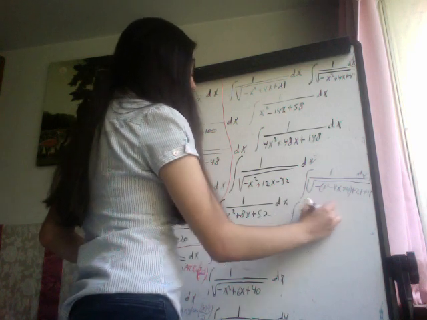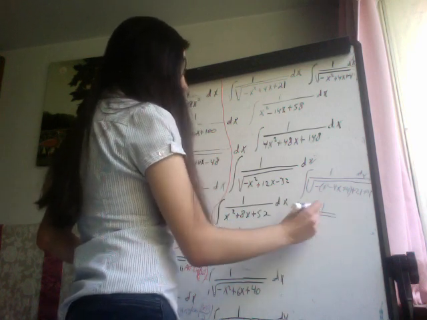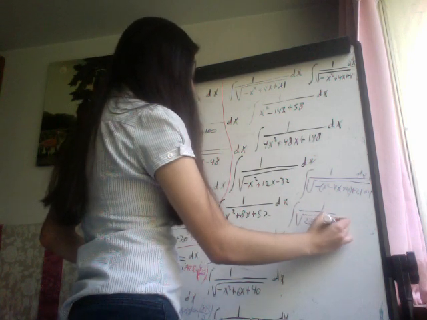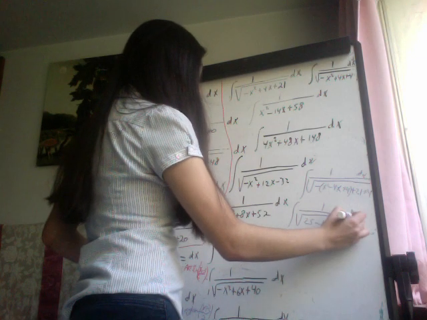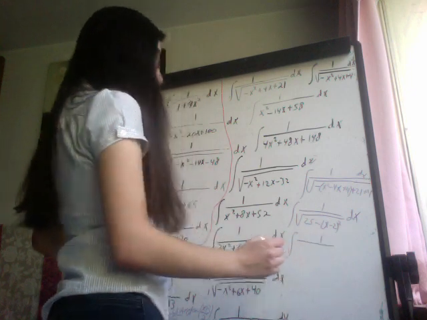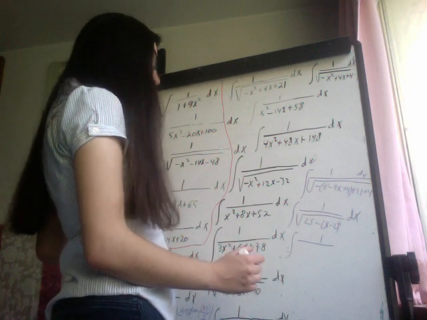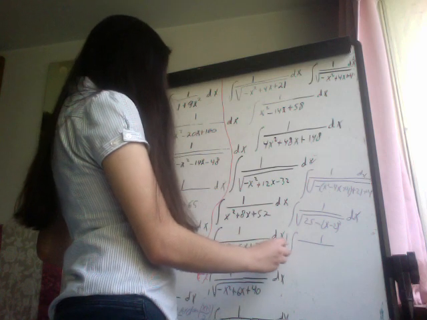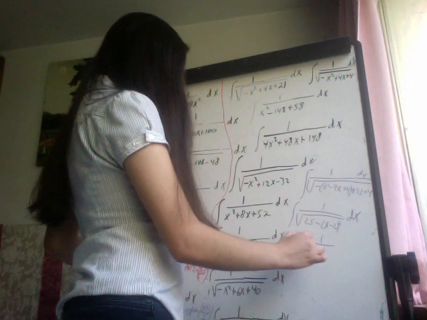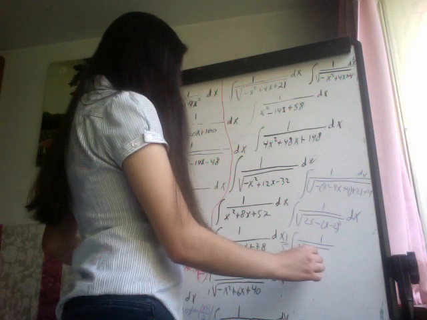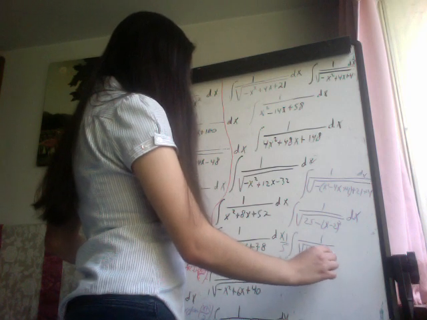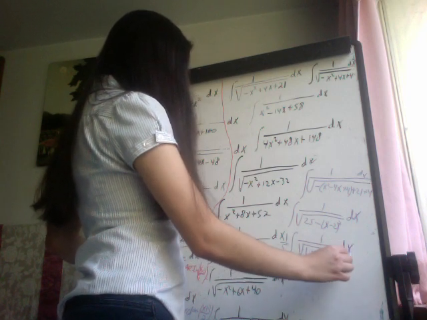This will be the integral of 1 over square root of 25 minus (x minus 2) all squared dx. This is the indefinite integral of, let me divide everything by square root of 25, so here is 1/5 of 1 over the square root of 1 minus ((x minus 2) over 5) all squared dx.